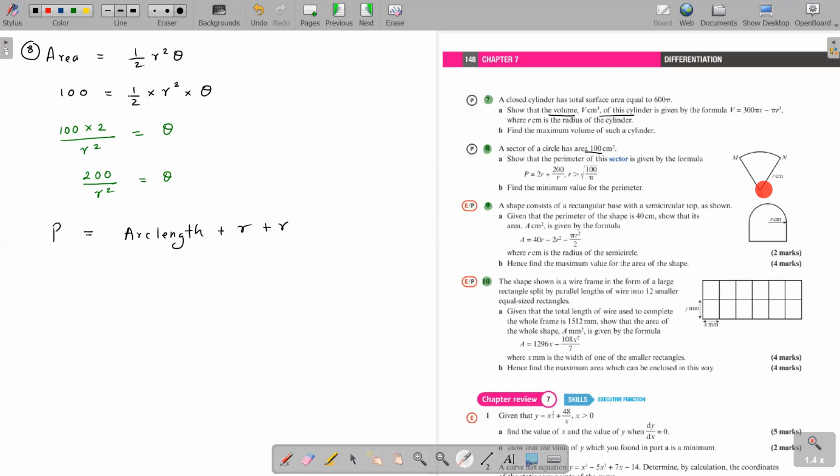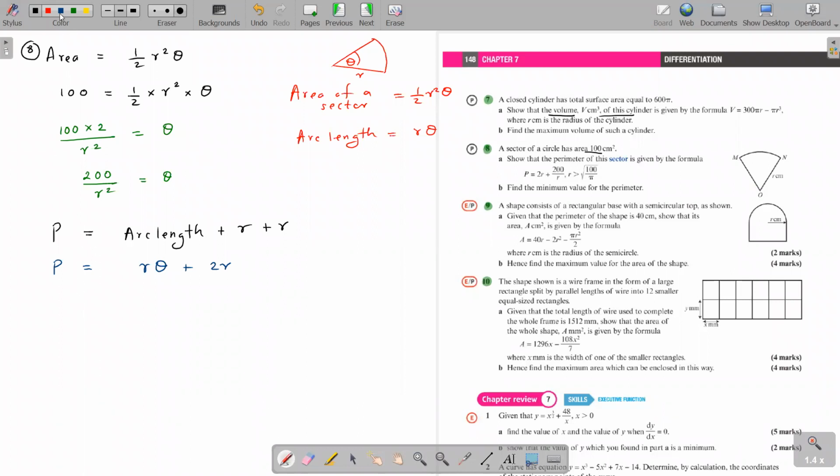You don't need to use theta over 360 times 2 pi r, that's in degrees. So in P1 you directly learn the equation for arc length in radians. Perimeter is the arc length r theta plus 2r. So all you have to do now is replace the theta with 200 over r square and you should get your show that.